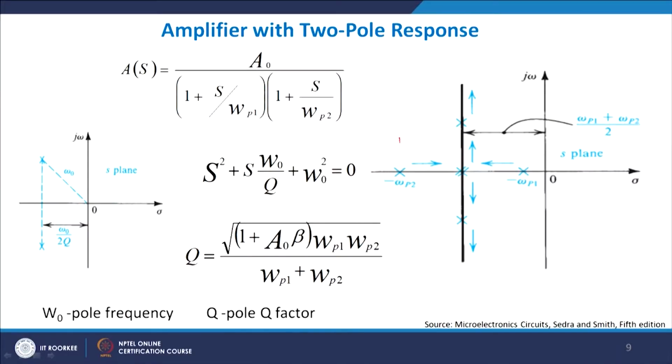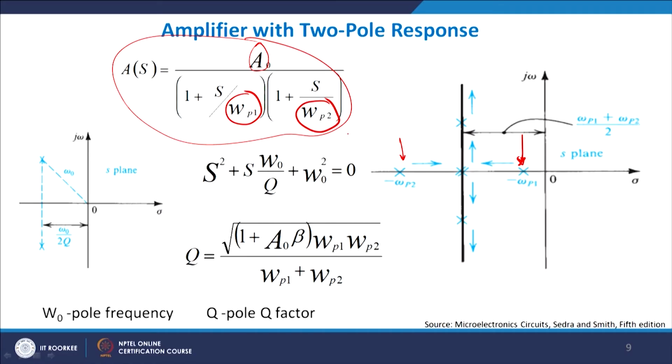So 2-pole response primarily means that I have one pole here, omega p1, and another pole here, omega p2, right, and then I start applying frequency. So I write the characteristic equation, and it is very simple and straightforward. This is the low frequency gain, or low frequency parameter, which I am fixing. Now what is happening is that I am varying my omega p1 and omega p2, and we check how things work out.